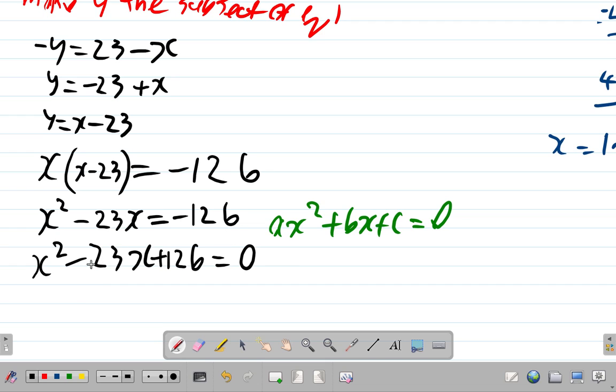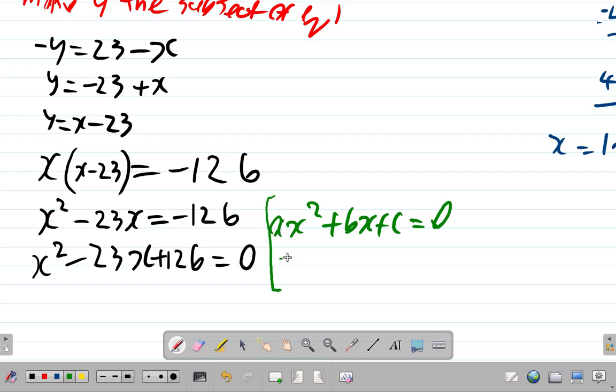So here now, let's use a formula to work it out. Here we have the general form. Let's write this form here.